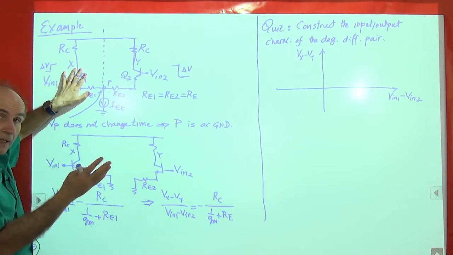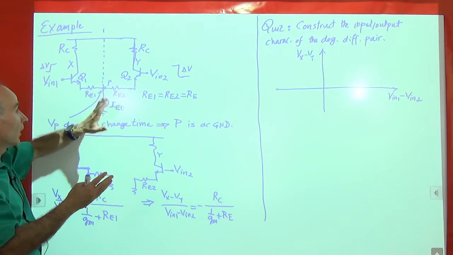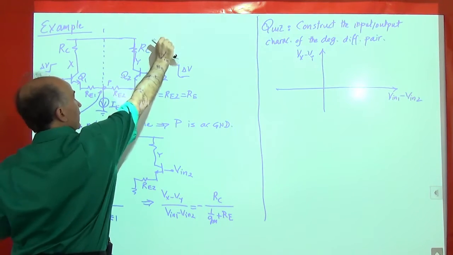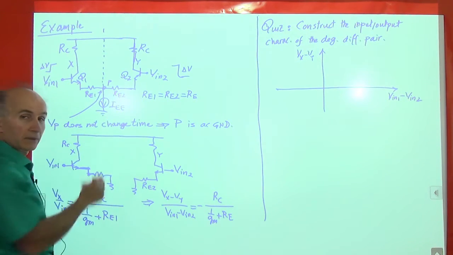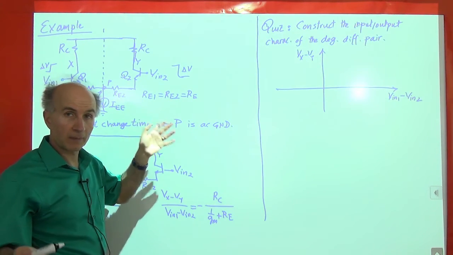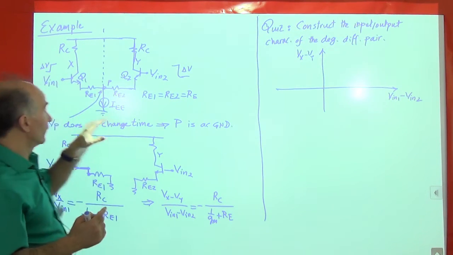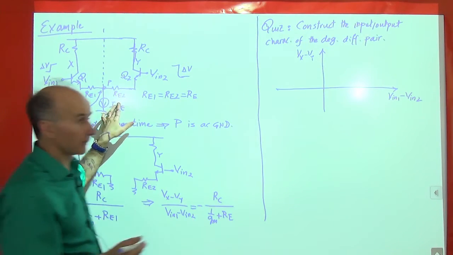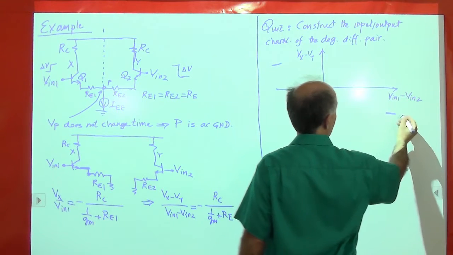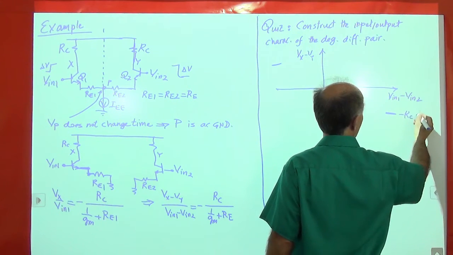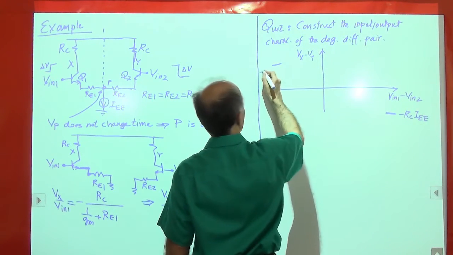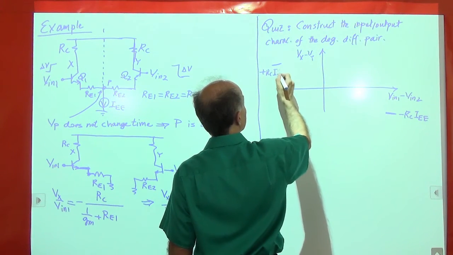So just like the case of no resistors here, all of the tail current will go to the left. And similarly, if this is sufficiently higher, all of the tail current will go to the right. That means that the extremes of the characteristic are similar to the case with no resistors. So this is still minus RC IEE, and this is still plus RC IEE.